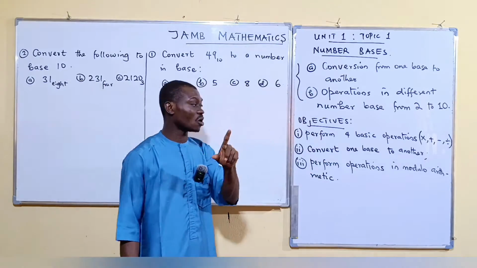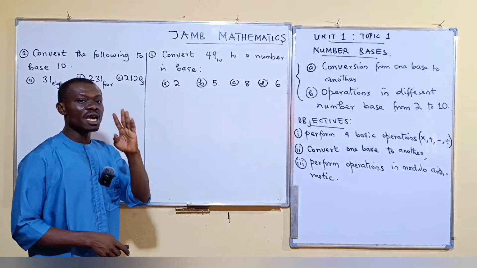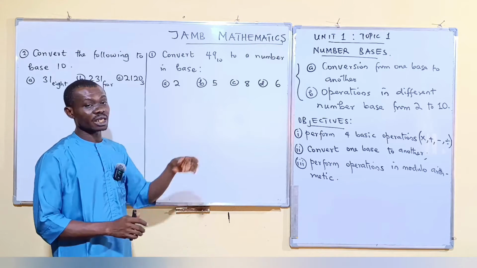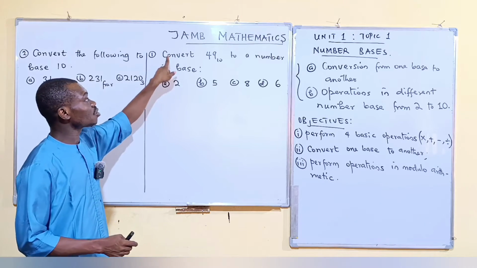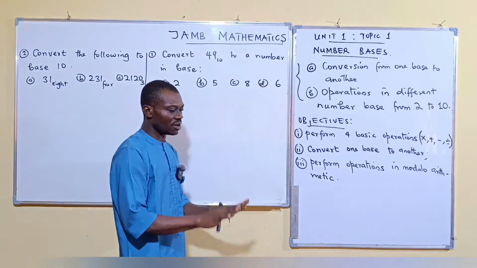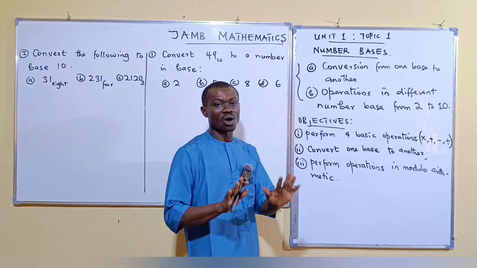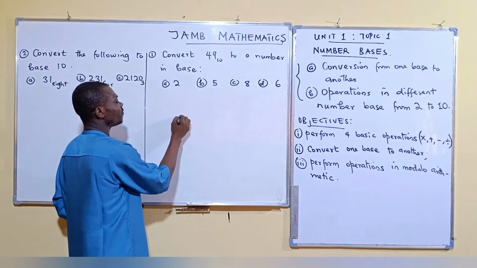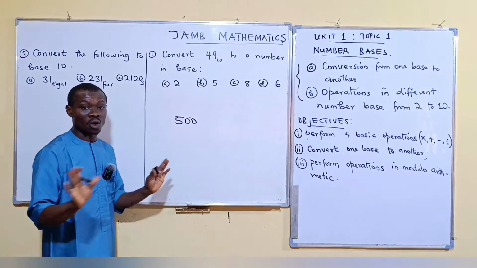And then you should be able to convert from one base to another. Now, when it comes to that conversion, let me quickly say there are 3 different ways we do conversions under number bases. One is to convert from base 10 to any other base. Remember that generally what we have is numbers in base 10. If we write any number for you, say 500, we count numbers normally.